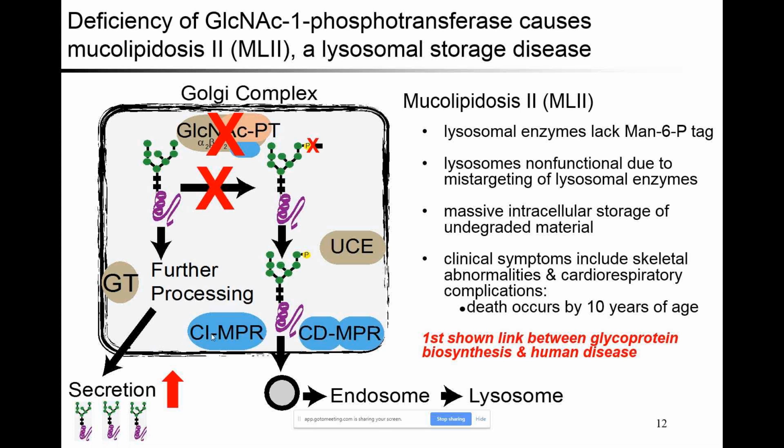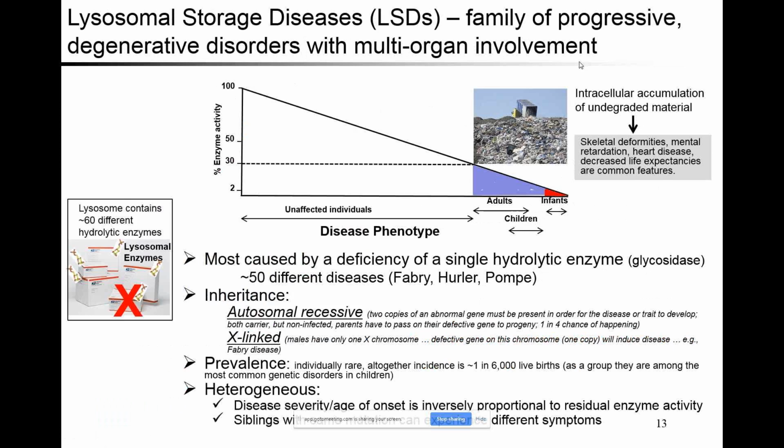Okay. So I mentioned here this mucolipidosis 2. This is a defect in this glycosyl transferase that causes a lysosomal storage disease. So I now want to talk more about lysosomal storage diseases. This is an example of one of them. But in general, what are lysosomal storage diseases? They're a family of progressive and degenerative disorders that affect catabolism of glycoproteins, glycolipids, and glycosaminoglycans.